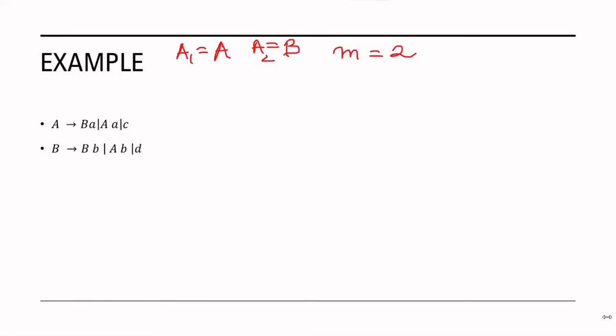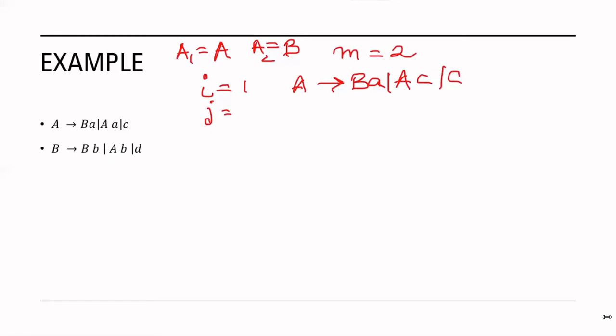So for the first iteration, I is equal to 1. That means now I'm considering the productions starting from A. The productions starting with A are A derives BA, AC, and C. But the inner loop, the J loop, starts from 1 to I minus 1.